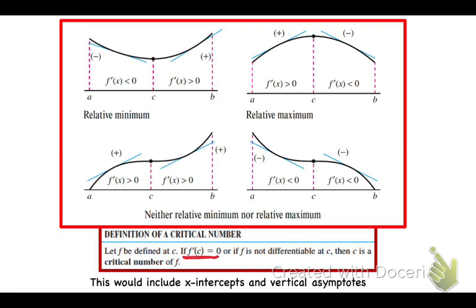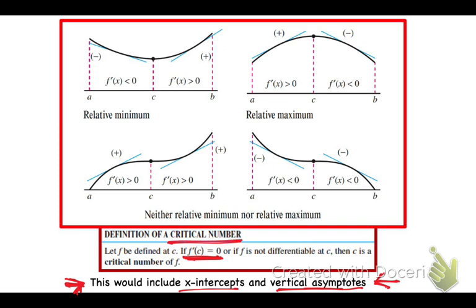Also, this would include x-intercepts or vertical asymptotes would also be critical numbers. The vertical asymptotes, we've said where it's undefined before. But if you want to state that critical numbers are where the derivative is equal to 0, x-intercepts, and vertical asymptotes, that might be a list you want to make.